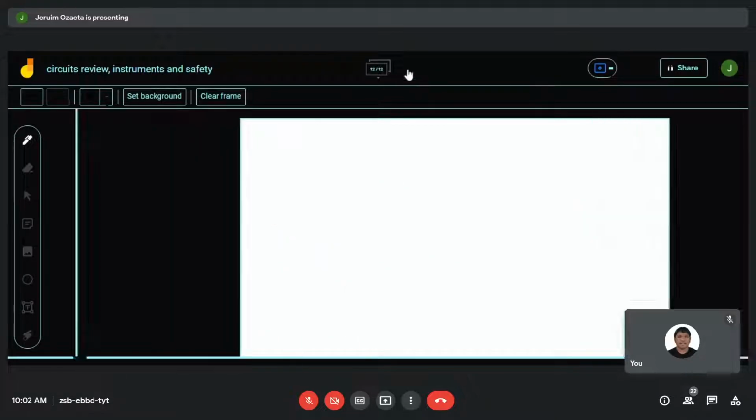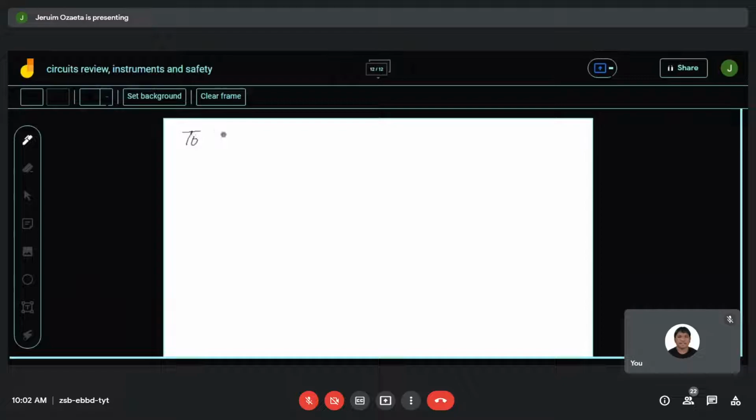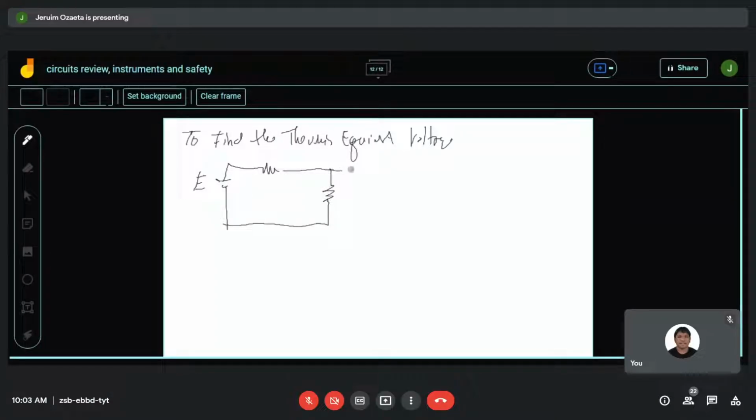Now, to find the Thevenin's equivalent voltage. In this example, we isolate the load.